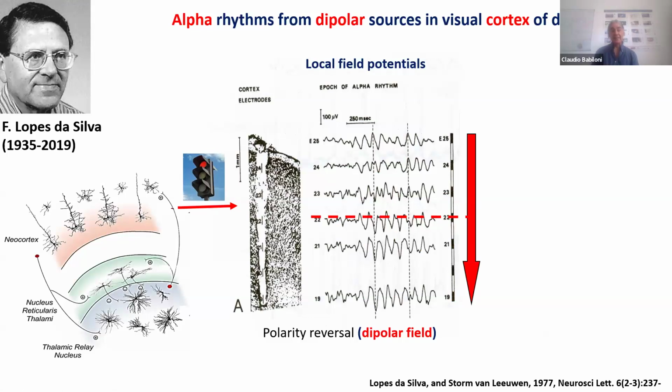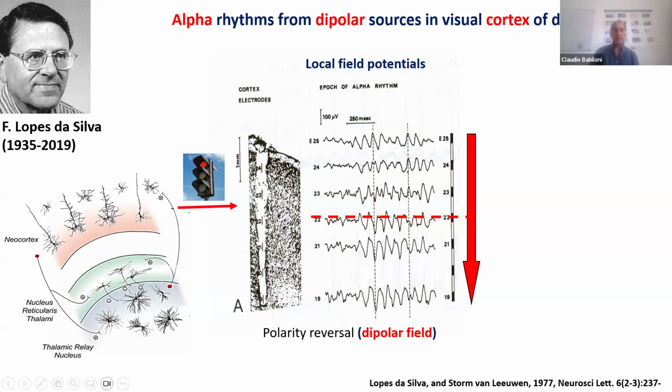Another important scientist, Fernando Lopes da Silva, shows some interesting findings of local field potentials recorded from visual cortex of dogs to demonstrate the localization of the cortical sources of EEG activity.